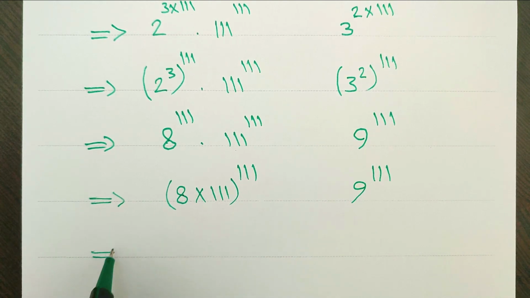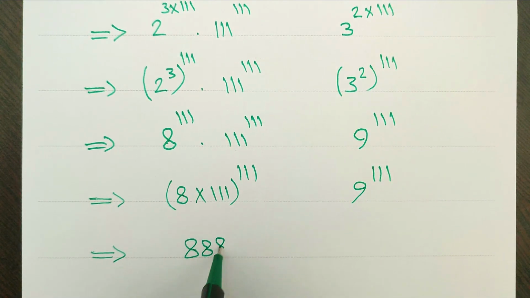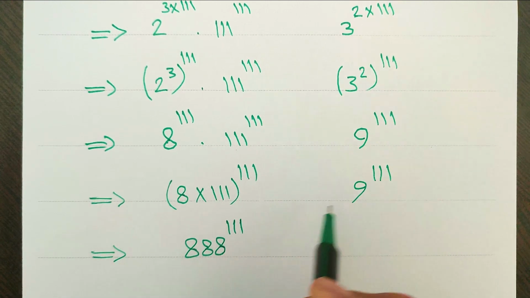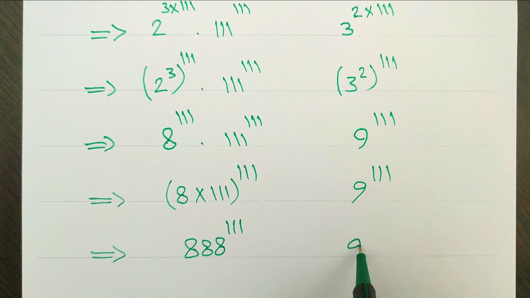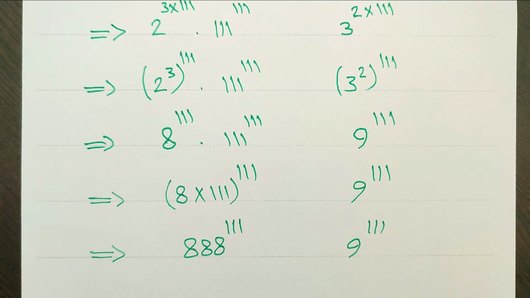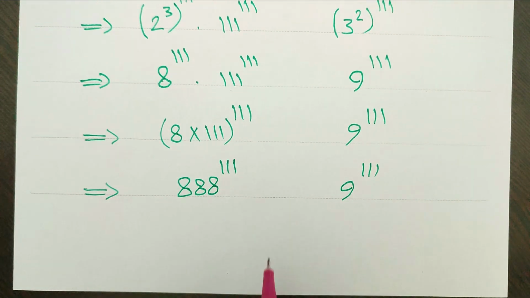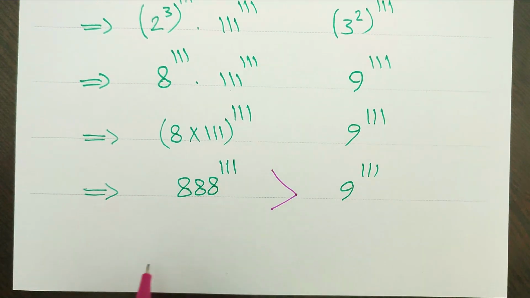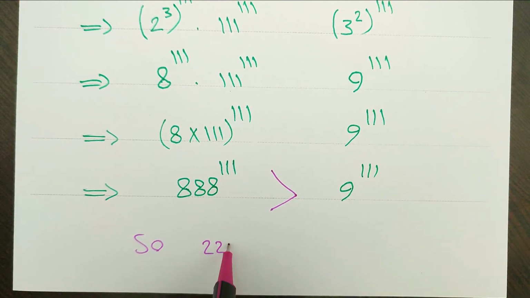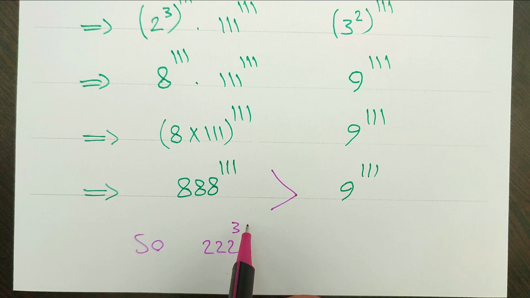Now we compare 888 to the power of 111 on the left side with 9 to the power of 111 on the right side. Since the exponents are the same and the base on the left is much larger than the base on the right, we can conclude that the left hand side is greater than the right hand side.